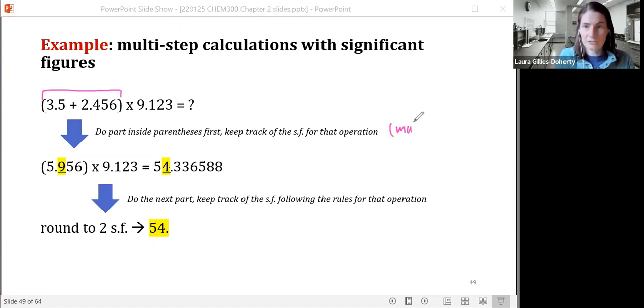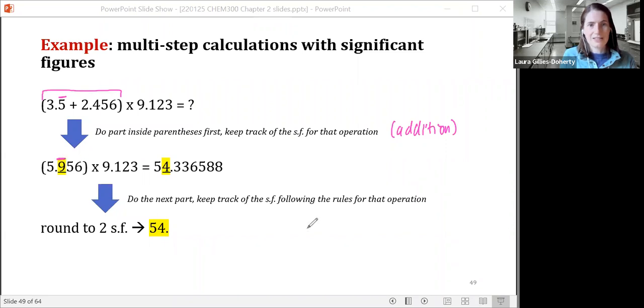So when we add 3.5 plus 2.456, you get 5.956 on your calculator. And we have to limit that to the tenths place because 3.5 ended in the tenths place. And when you're doing addition or subtraction, whichever one ends the least to the right, has the least precision, that's going to limit your sig figs.